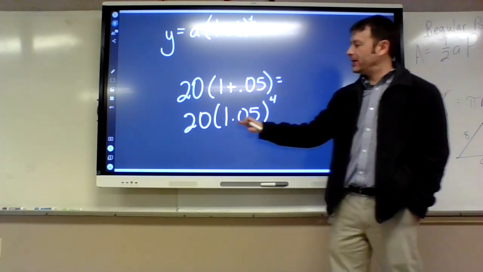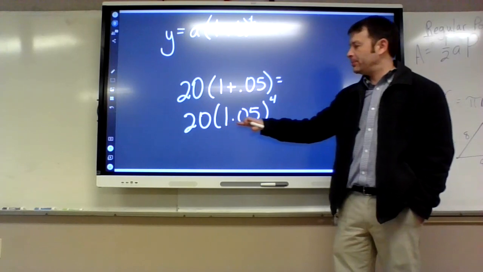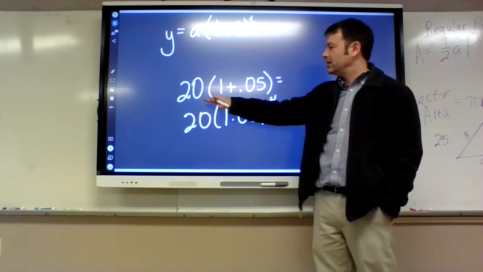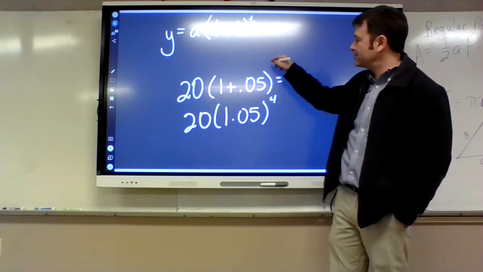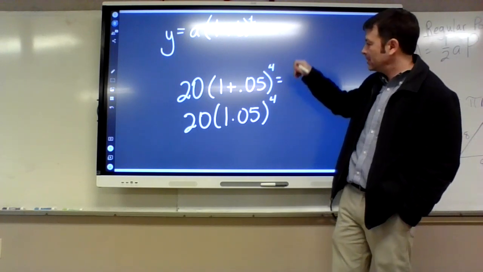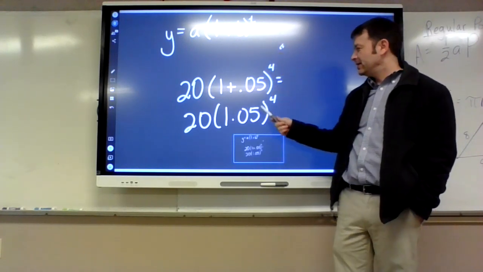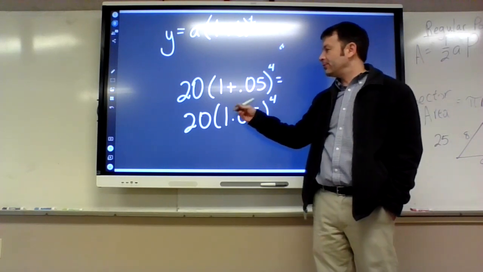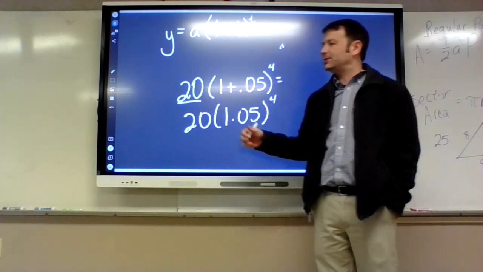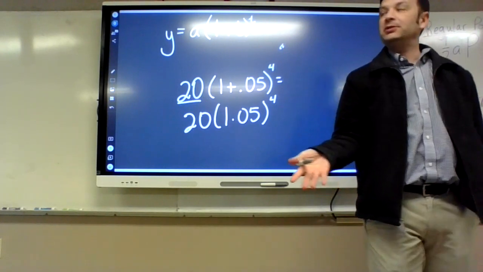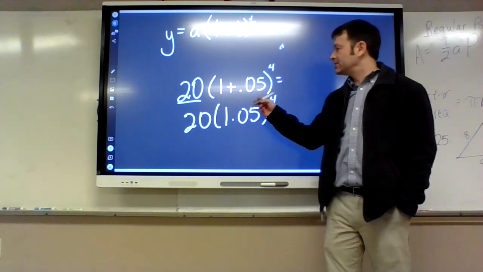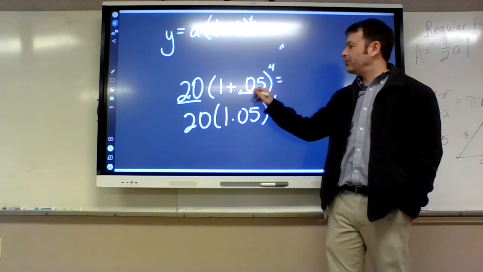This formula right here is a basic exponential growth formula. Sometimes it can look like this. It doesn't have to have a 4 on it. Anyway, this number right up front is the initial amount, like you started with 20 kids in your class. This number here is called the growth rate.